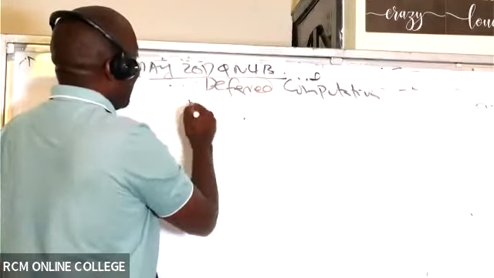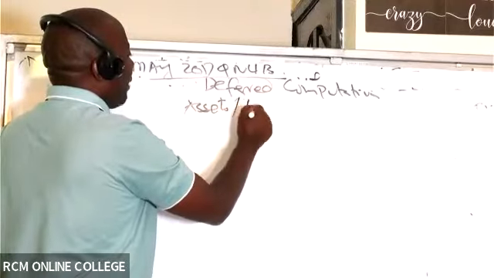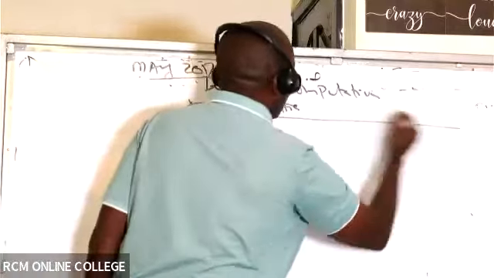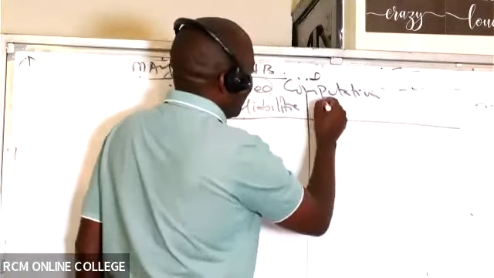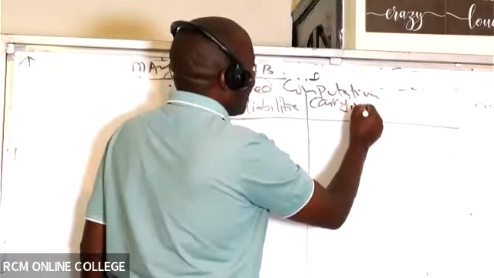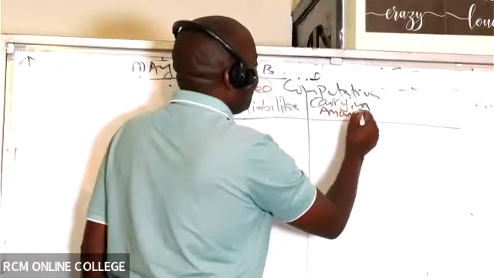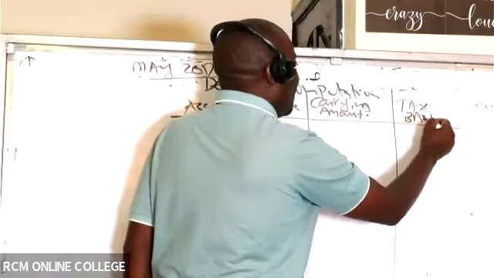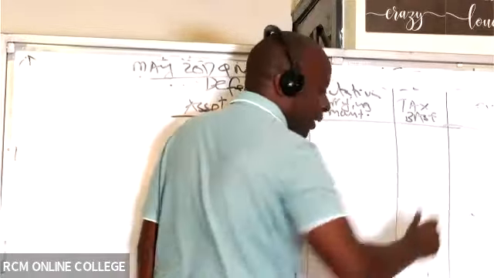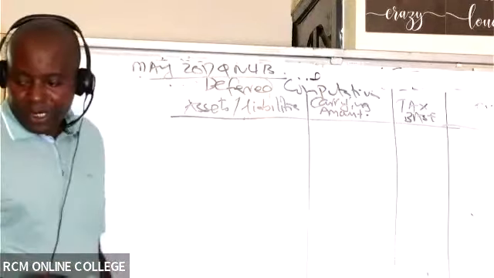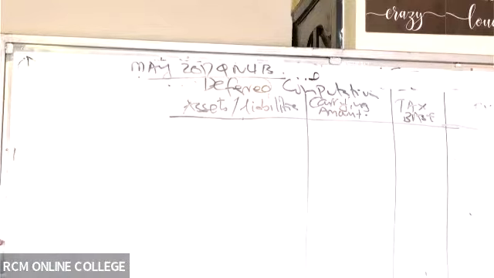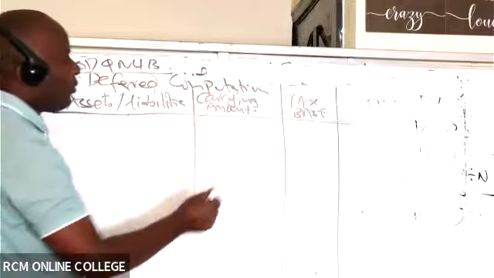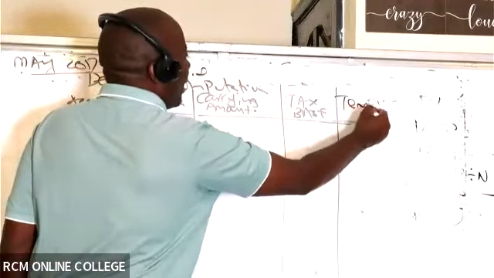So of course we shall have assets versus liabilities. And then we are going to have the carrying amount, the tax base, and then of course we're going to get our temporary differences.